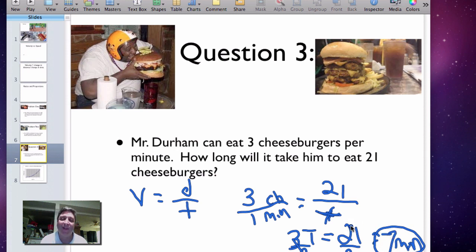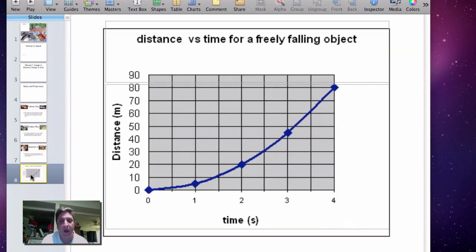Okay, last word that I'm going to have on this topic is I want you to look at this final slide. A lot of times we graph these, and when you have distance on the y-axis and time on the x-axis, and usually when we're working with time, it's on the x-axis. If you get a curved line like this on a free-falling object, it's speeding up. That's called acceleration, and we're going to talk about that later in our next video. Acceleration will be in there. If we get a curved line.